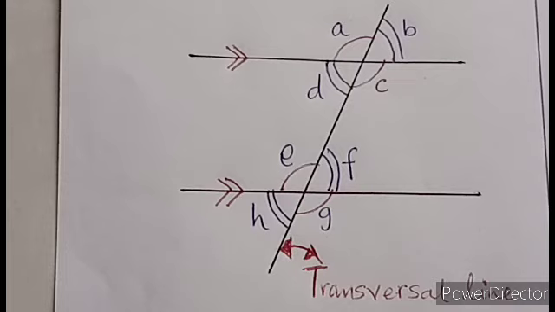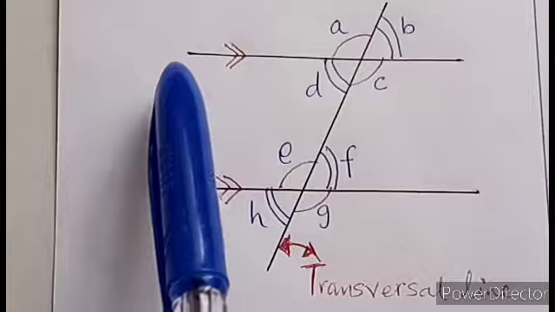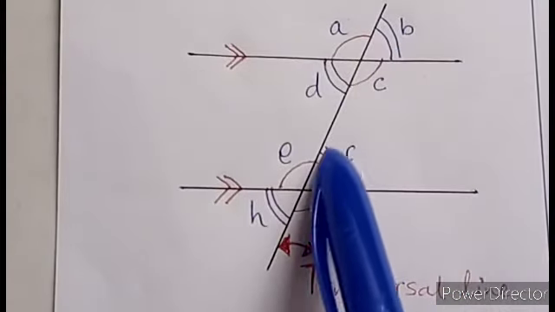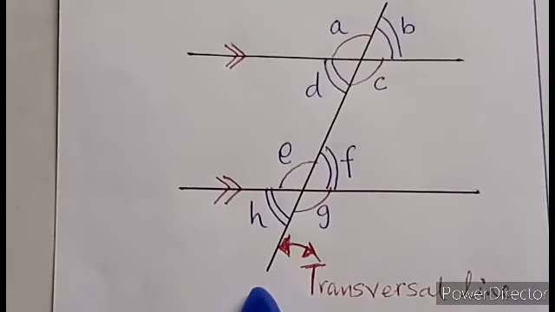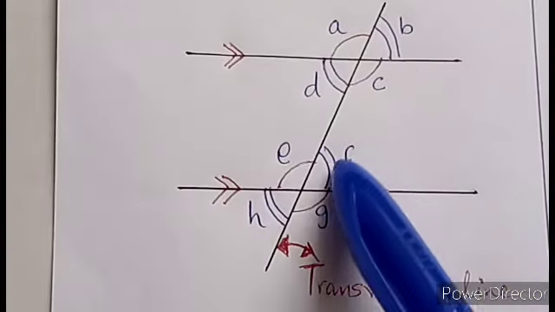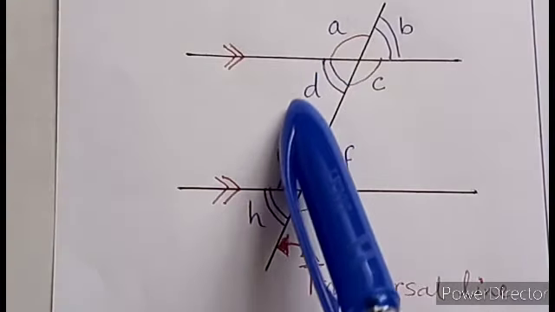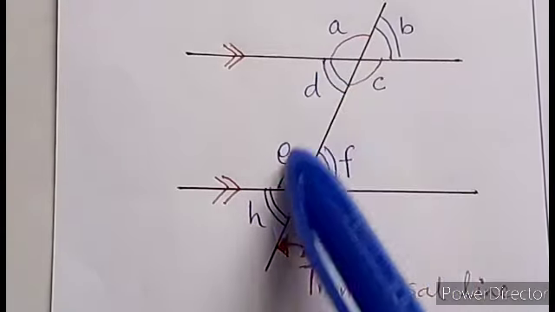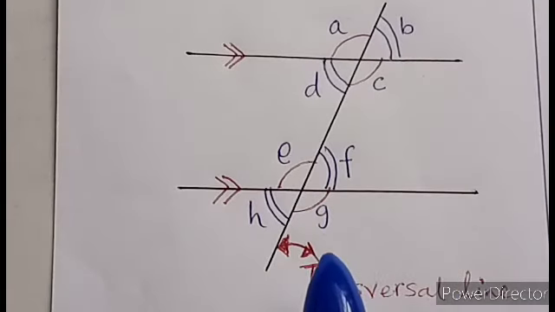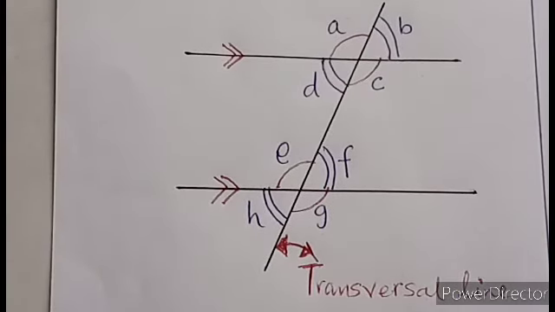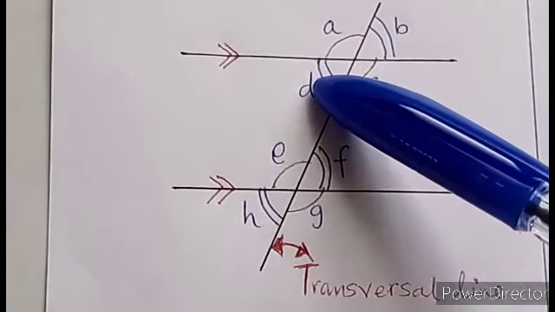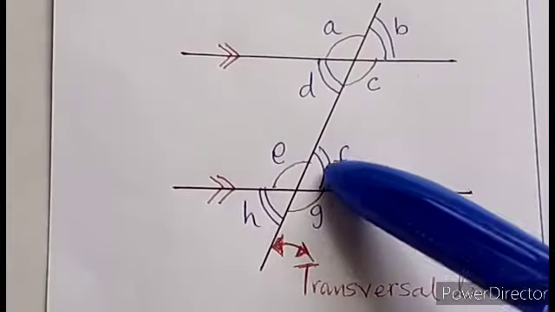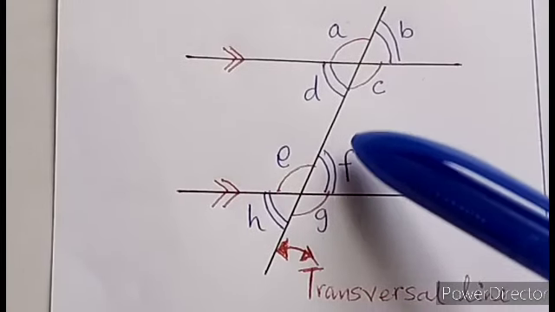When two parallel lines are crossed by a transversal, the pair of angles on one side of the transversal, but inside the parallel lines, that is, this pair and this pair, are called consecutive interior angles. Consecutive meaning they follow themselves, and they are inside.